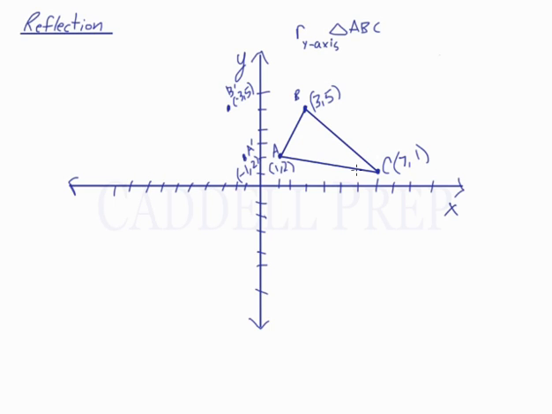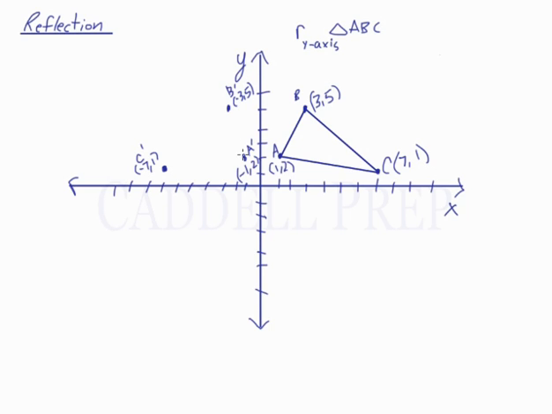And finally C is at 7, 1. So it has to go 7 points to get to the y-axis. We're going to go 7 points beyond the y-axis. So we have 1, 2, 3, 4, 5, 6, 7. And a height of 1. So this is C prime. This is negative 7, 1.